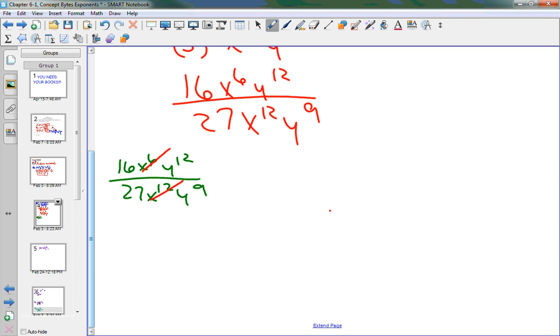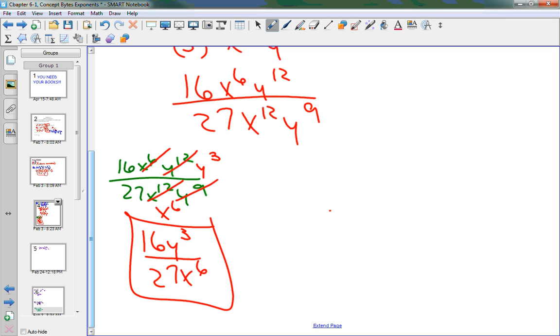Those 6 go away, and I'm left with 6 down here. How many y's do I have up top? How many y's do I have on the bottom? Those all go away down there to leave me with y to the 3rd up top. Give me 16y cubed over 27x to the 6. That problem is done if you use logic to figure that out. Does that make sense? That's being logical there.